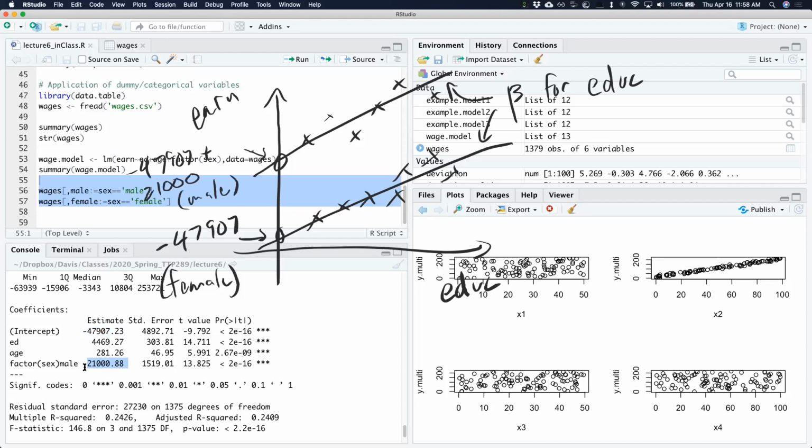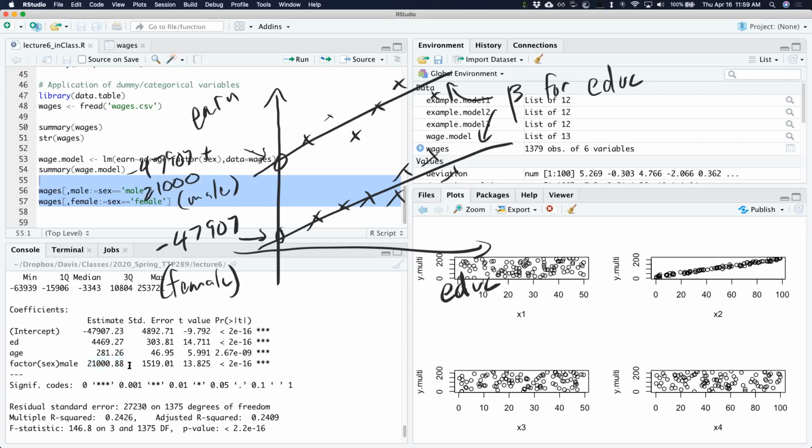So when you have a dummy variable, or in fact a categorical variable, it's essentially doing the same thing. You are creating multiple intercepts for your lines.